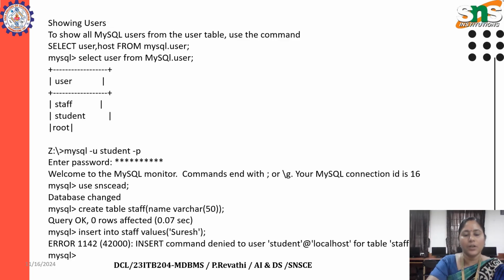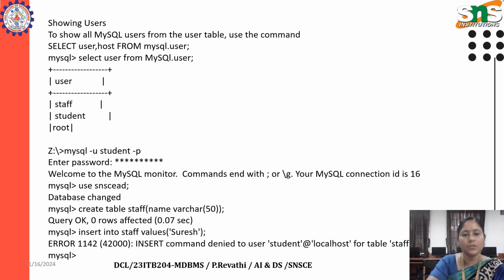After that you have to create a table. Here we are giving only create permission for the student user. So if you are updating or deleting data from that table, it won't allow.